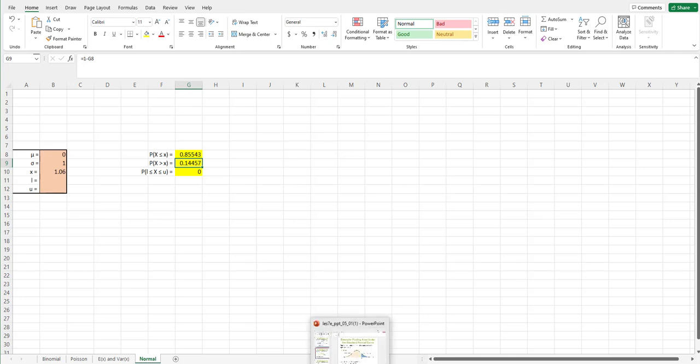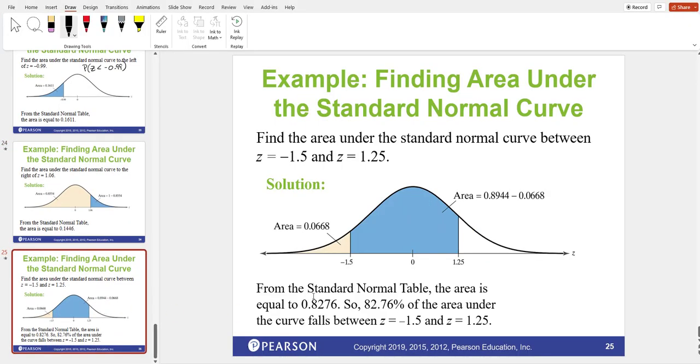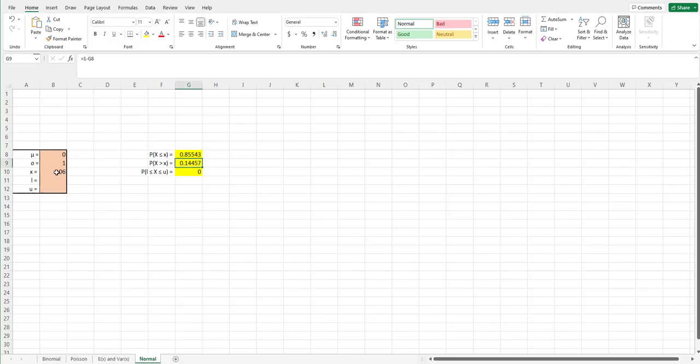And then the last one, we have the area between Z negative 1.5 and Z 1.25. So in this case, I won't type anything in X. What I would do is I would type in my lower number and then my upper number, okay, because it's in between two values.